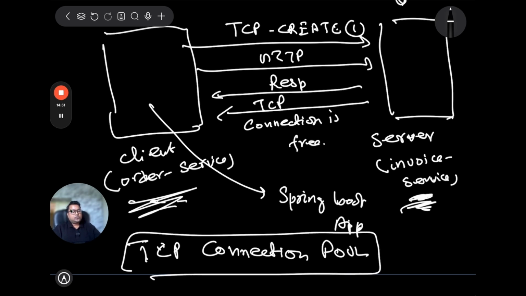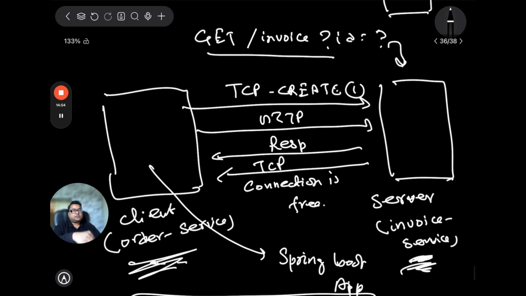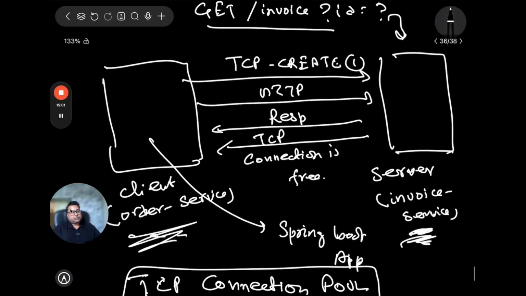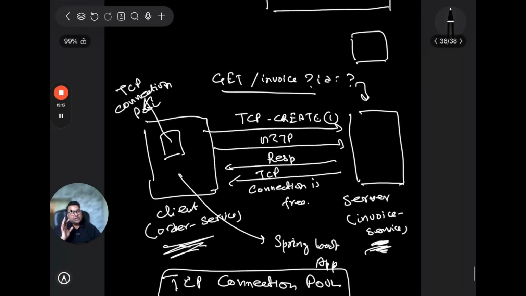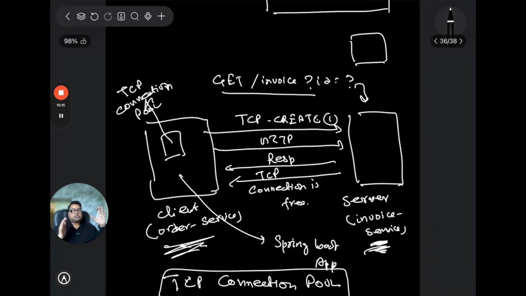So whenever this client order service wants to make an HTTP call to your invoice service, it will go to the TCP connection pool, which sits somewhere here. That's the basic connection mechanism that anyone has as part of their services.